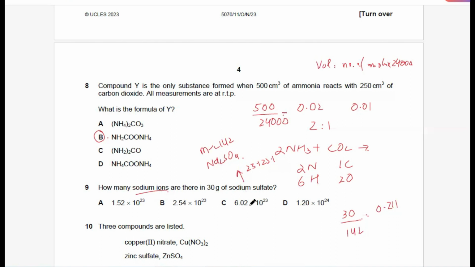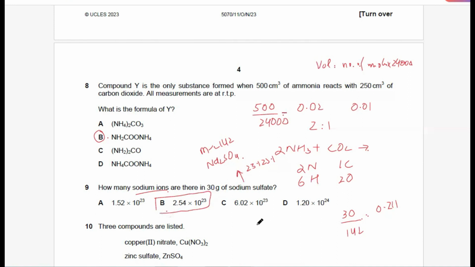When we find out the number of particles, we multiply by 6.02 into 10 raised to the power 23. So it will be 1.27 multiplied by 2. It is 2.54 basically. This is the correct answer.